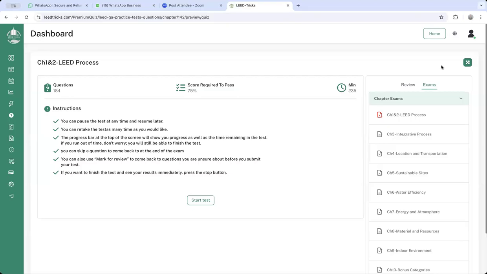Okay, see, this is from the organization. We give you the list that is published by the organization. If there is any discrepancy between the points in the checklist and the LEED BD+C reference guide, we follow the reference guide.